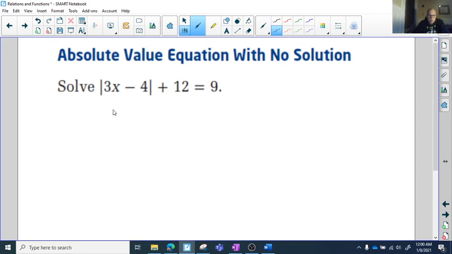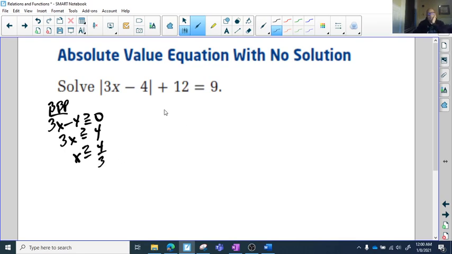This one says it has no solution. Let's have a look and see why that is. Well, I'm going to go between bars positive. So 3x minus 4 greater than or equal to 0. 3x is greater than or equal to 4. X is greater than or equal to 4/3.